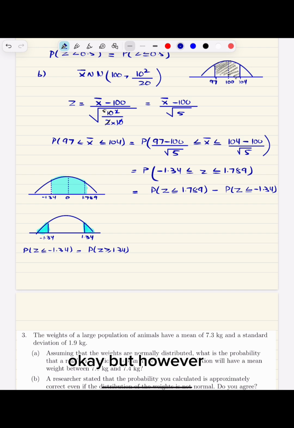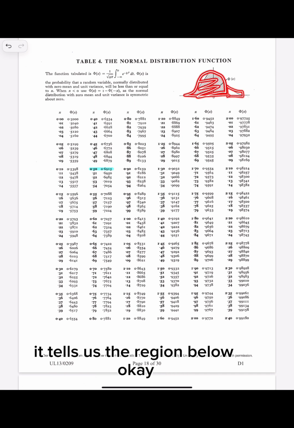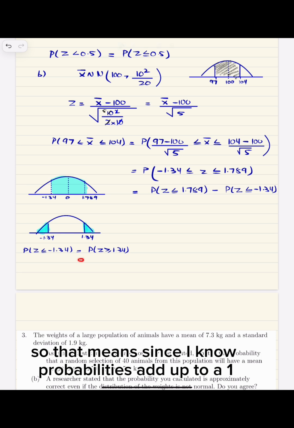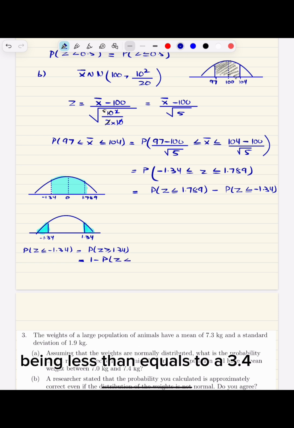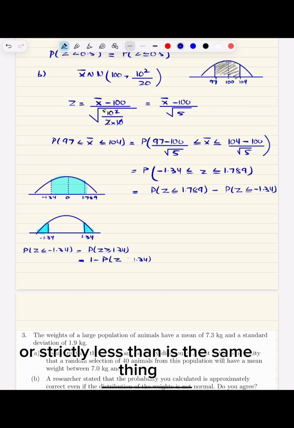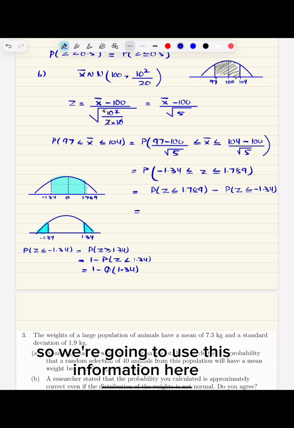However, the table doesn't tell us the probabilities after a point. It tells us the region below. Since I know probabilities add up to 1, I'm going to write 1 minus the probability of z being less than or equal to 1.34, or strictly less than, which is the same thing. We're going to use this information here.